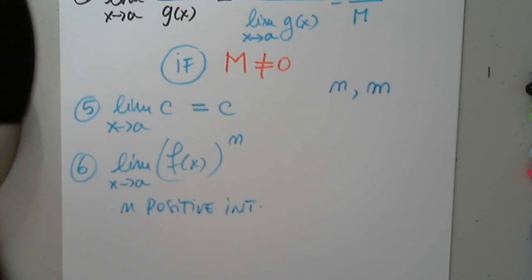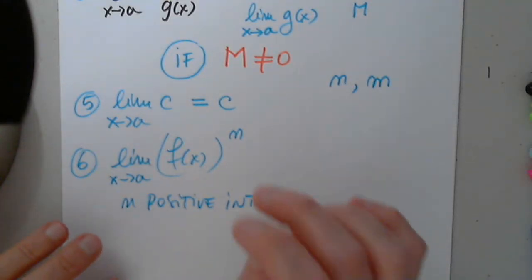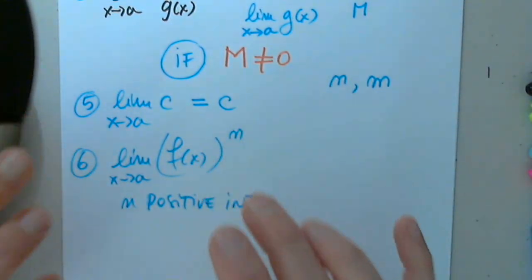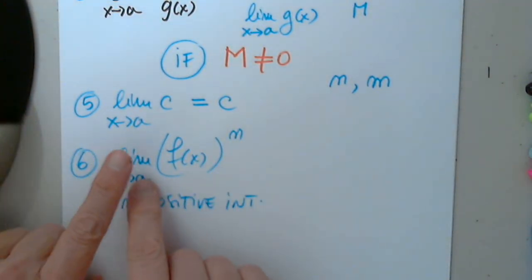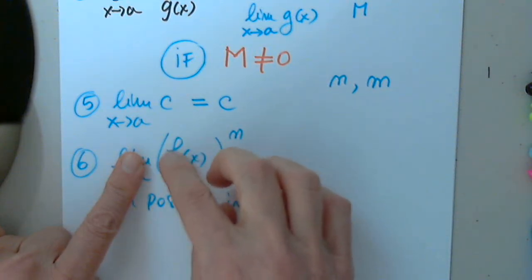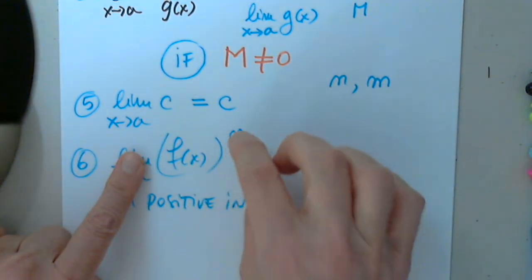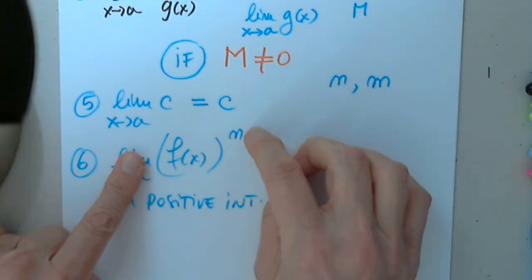So we will learn in the next section, continuity, 2.5, that the power is an operator, and the limit is an operator. Anything that I apply to a function is an operator. What operator? Power 2, power 3, and so on.